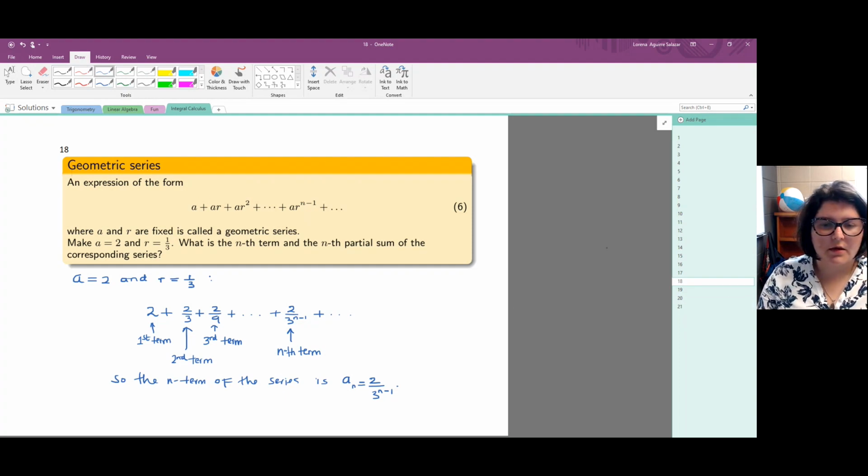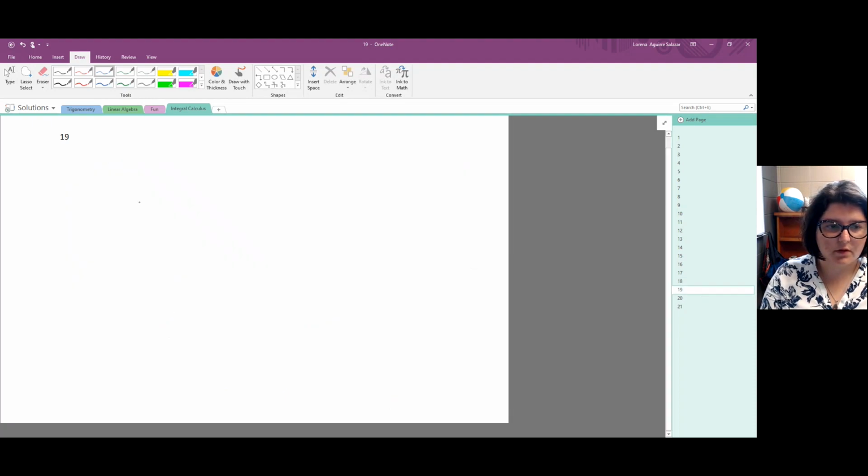Right. Now that we have the nth term of the series, let's find the nth partial sum of the series. Remember that we have 2 plus 2/3 plus 2/9. The nth term of the series is 2 divided by 3 to the n minus 1. The first partial sum corresponds to the first term of the series.